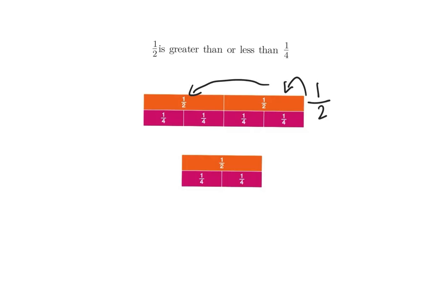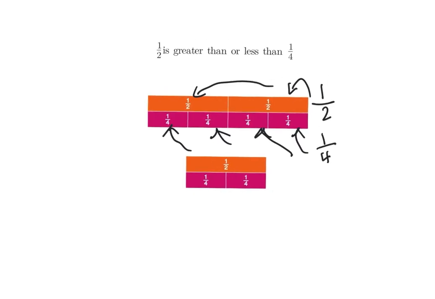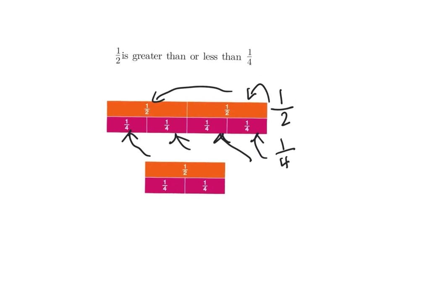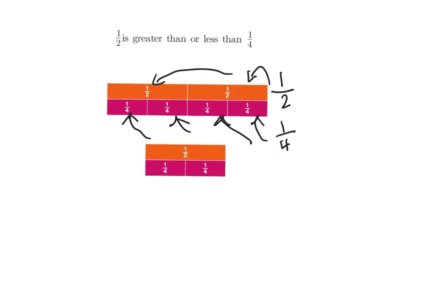And then our 1/4 means 4 equal parts, size 1/4 of the whole. So we're going to get 1, 2, 3, 4 equal parts. We want to know how many parts for 1/2.